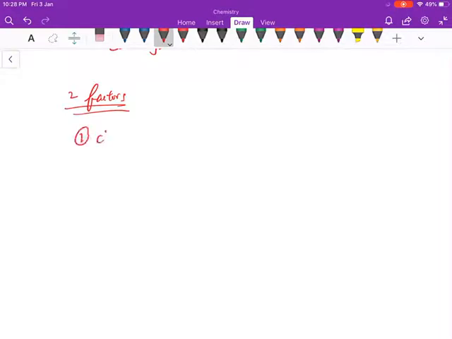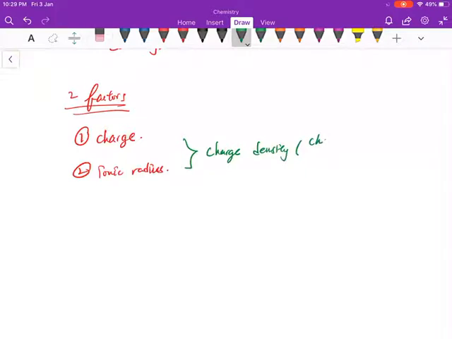Well, the first factor is the charge. And the second factor is the ionic radius. And we know that these two factors join together to form something called charge density, which is equivalent to the charge over the ionic radius.